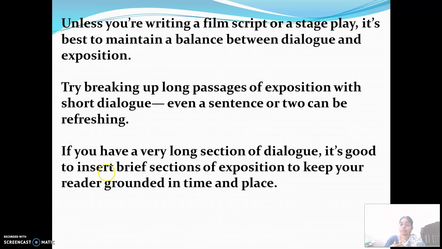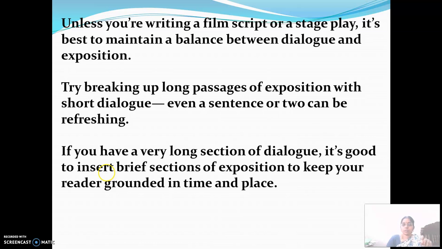But assume that you are going to write for a film script or stage play. It is best to maintain a balance between dialogue and exposition. If the dialogue is too big, do you think anybody will sit near the stage to listen to you? No, it will be boring, isn't it?